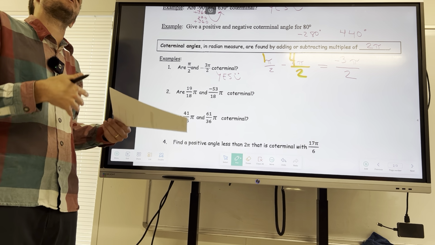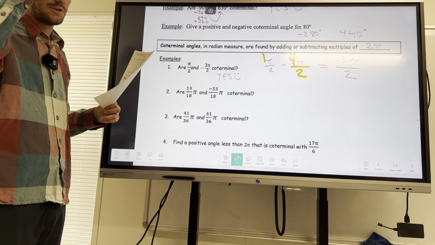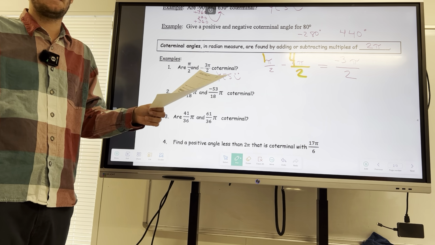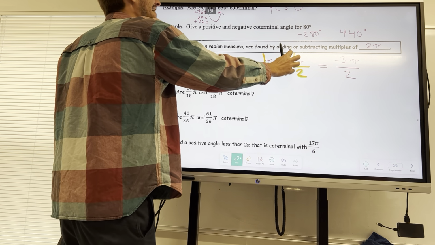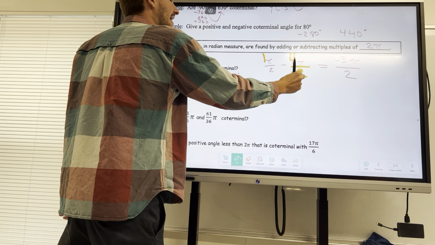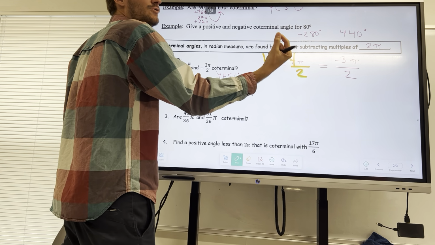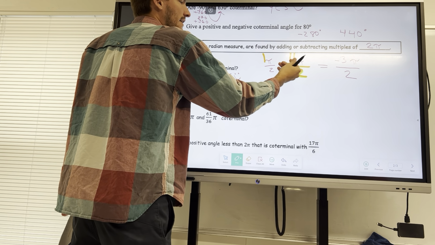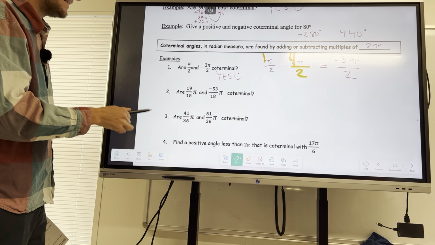It's going to have to turn into a fraction that matches the original fraction. So basically, here's what you want to think in your head. Here's what you want to learn today. You're going to be adding or subtracting 2 pi in the form of same denominators with a double top, because that's what 2 pi is. It is a 2 over 1. So we make the bottom a 2 and we double the top. So when we look at this, it looks crazy.